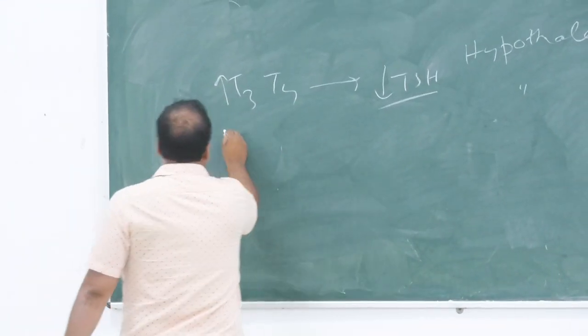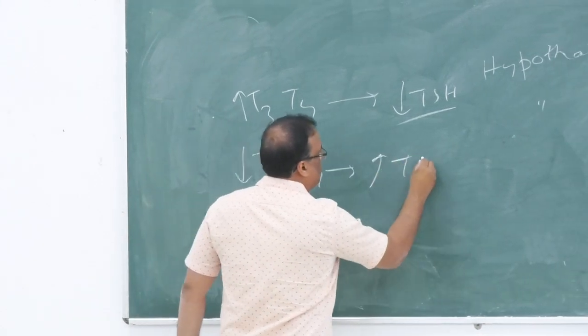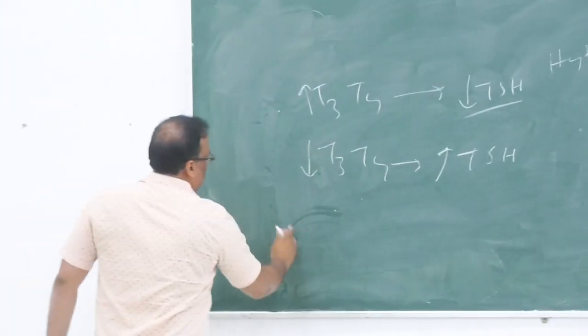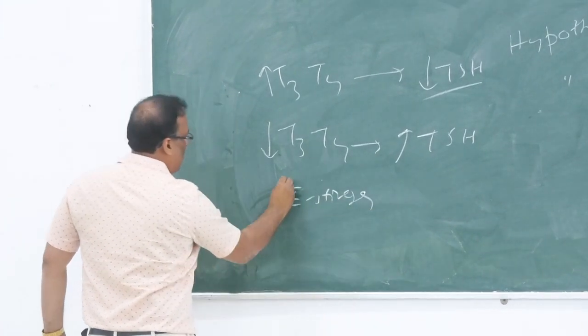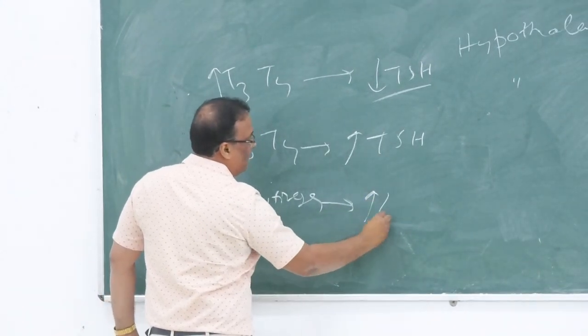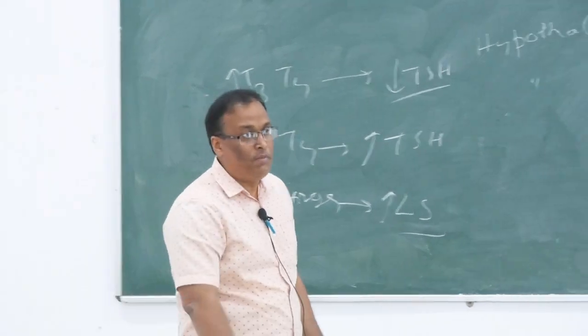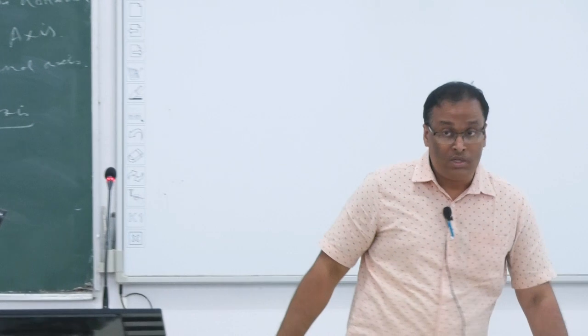Another example: T3, T4 is low and TSH level is high. Another example: estrogen level is high and LH level is increasing. Which one is positive feedback, which one is negative feedback according to your knowledge up to now? Tell me, anyone.